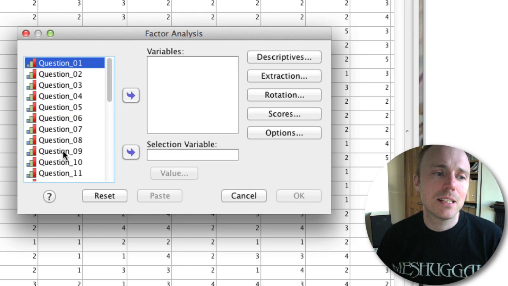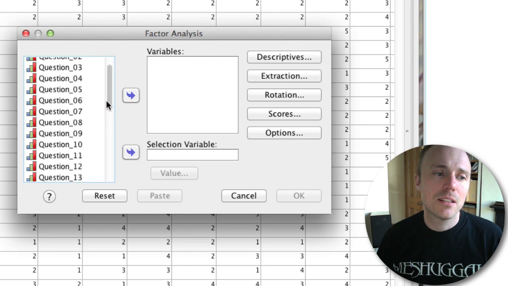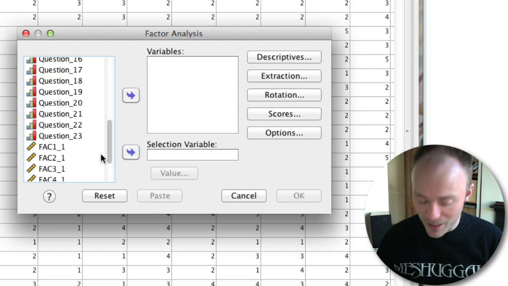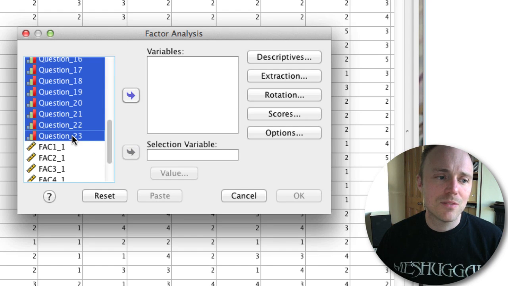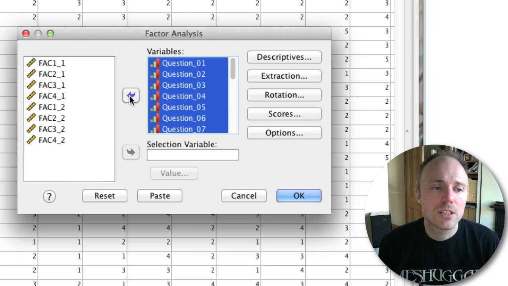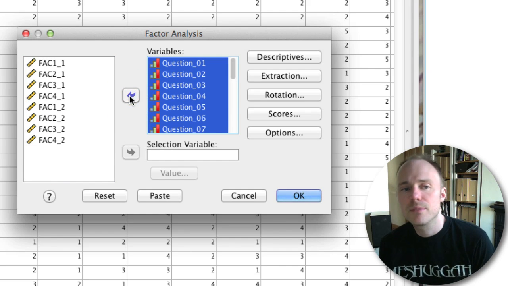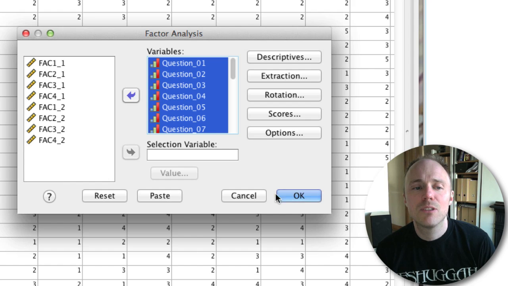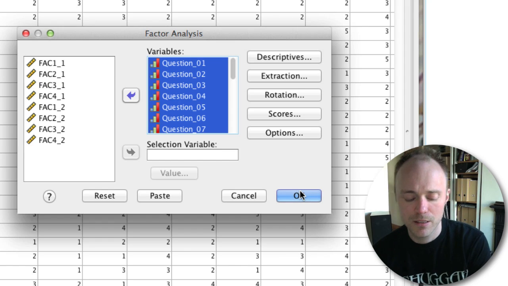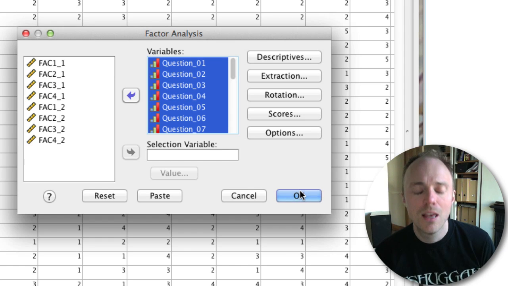We've got our questions listed here on the left hand side of this dialog box. You just select them all, and if they're all in the right order like they are here, you can just hold down the shift key and select them all in one go and transfer them across by clicking on the arrow. So basically, if you clicked on OK now, you would get a basic factor analysis with default options.